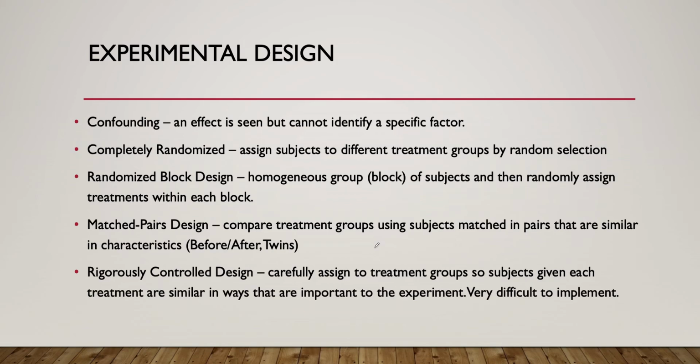The matched pairs design compares treatment groups using subjects matched in pairs that are similar in characteristics, such as before or after tests, or using these different treatments on twins. And then rigorously controlled designs carefully assign subjects to treatment groups so that subjects given each treatment are similar in ways that are important to the experiment. But this last type is very difficult to implement.